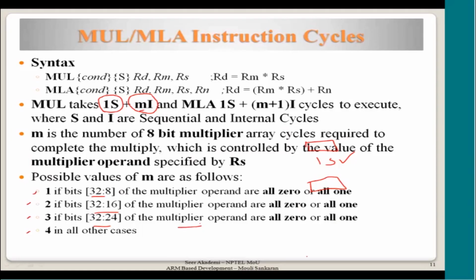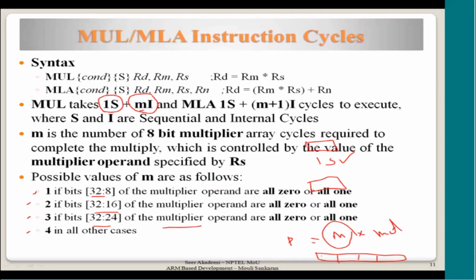Let me explain what I mean by this. This is the multiplier, multiplied by the multiplicand, MD, and this is the product. Now the multiplier can be split into 8 bits.